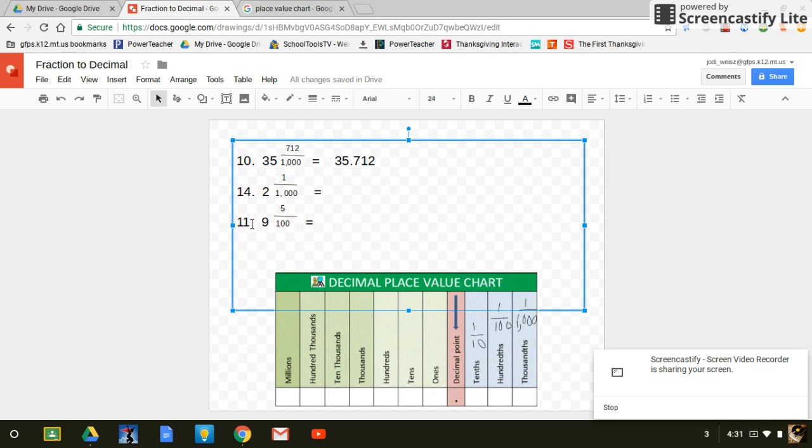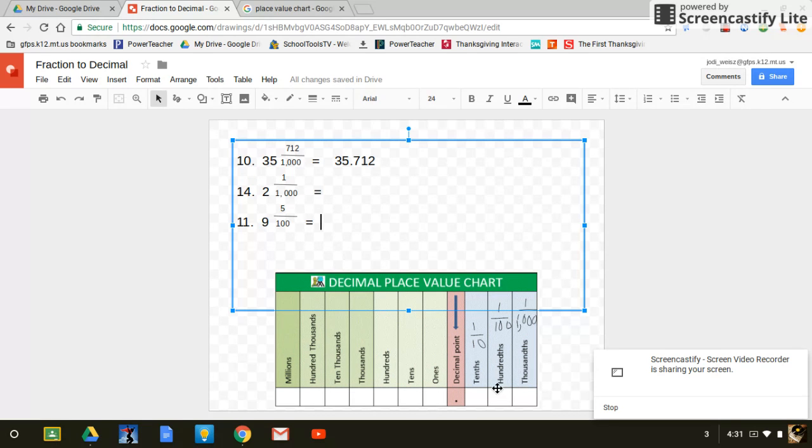So number 11 shows me that I have 9 as my whole number and 5 100ths. So I'm going to look down at my place value for the hundredths down here, and I notice I have 1, 2 positions behind the decimal point.